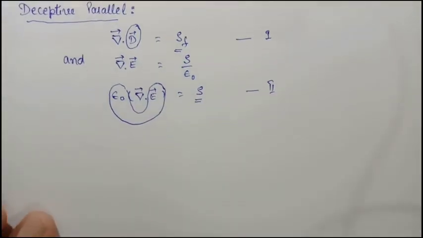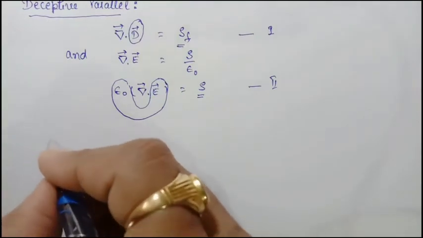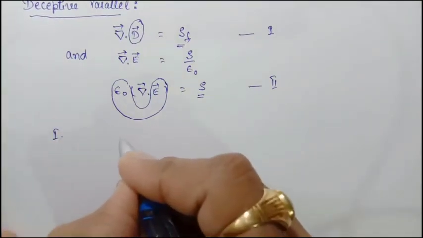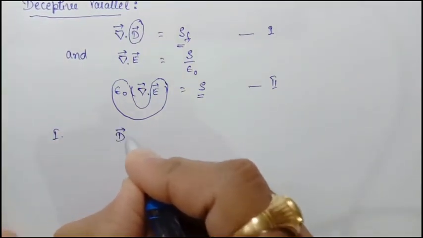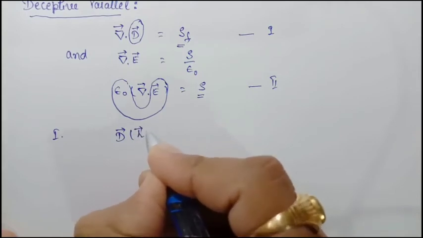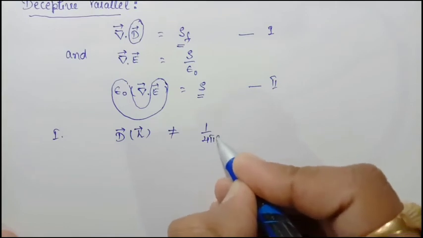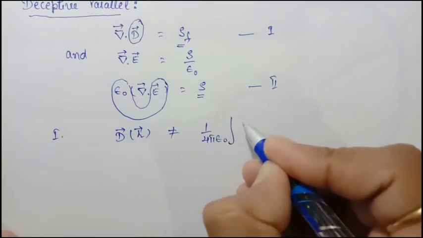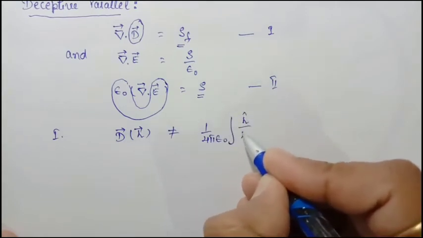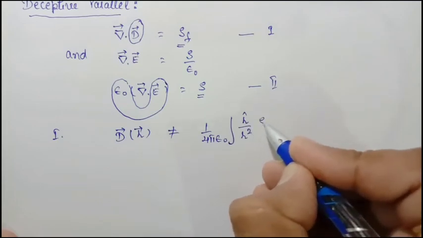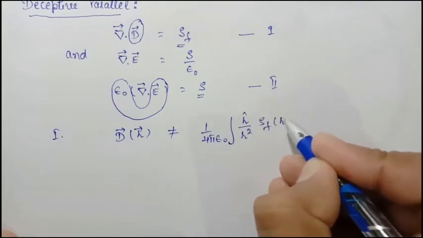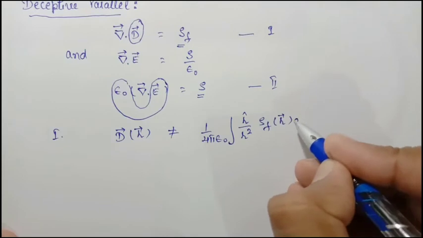Okay, other reasons we have. First point is the integral of this electric displacement vector is not equals to 1 over 4 pi epsilon naught times the integral of r cap over r square rho f dv.